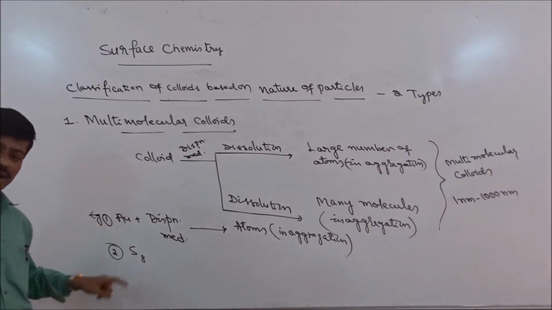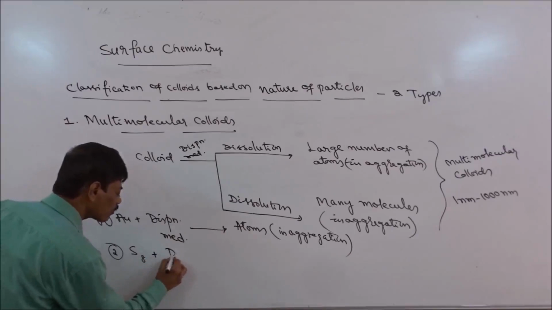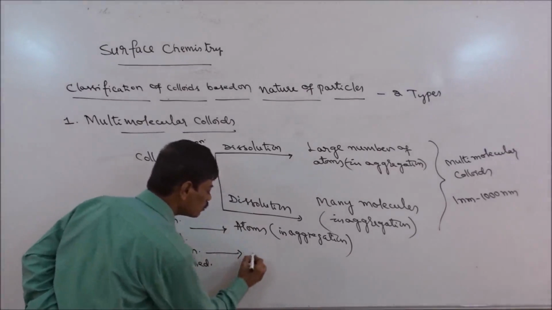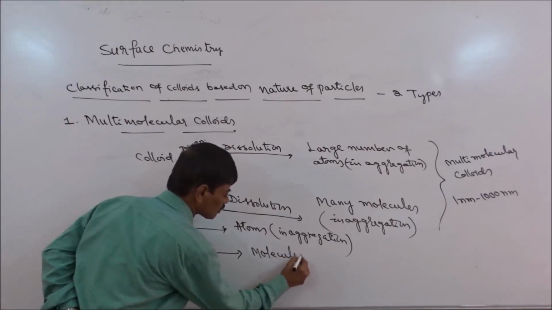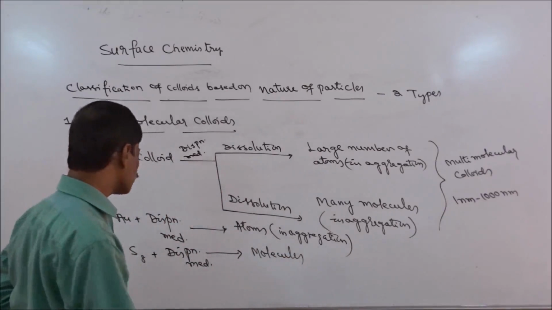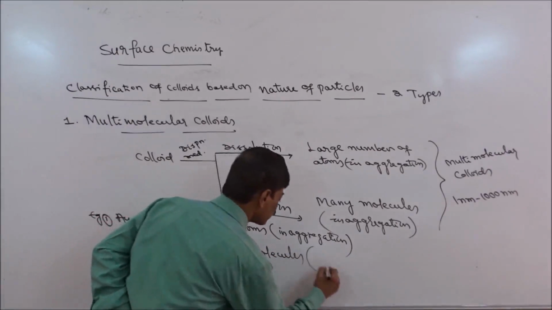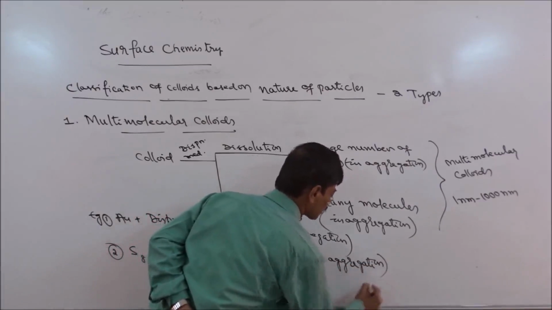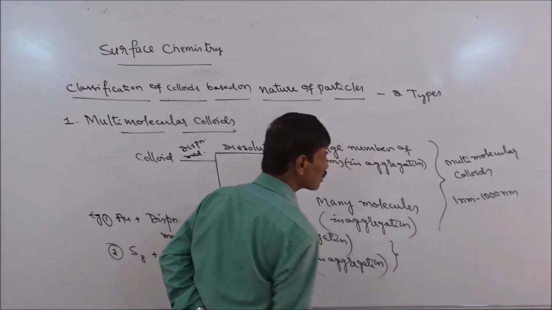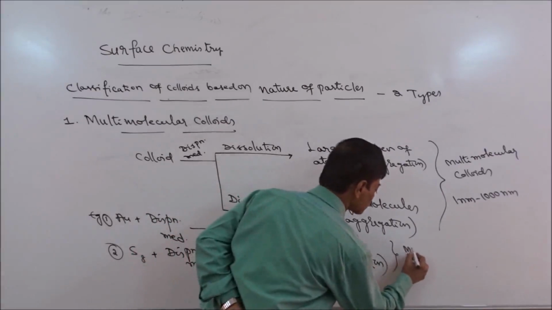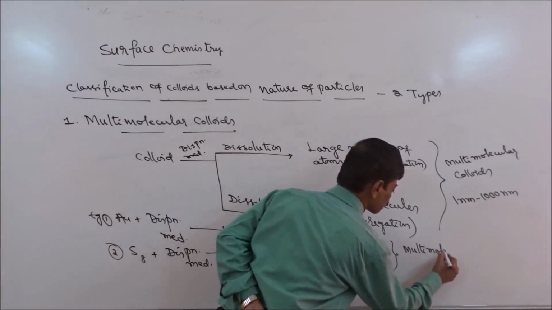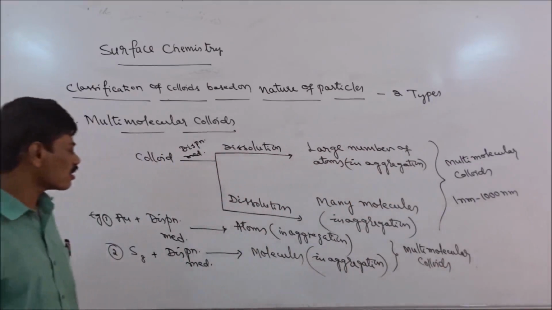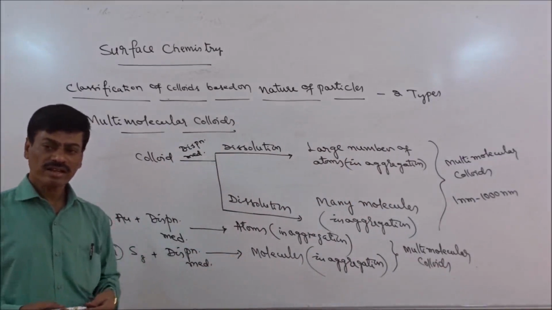One molecule is made up of 8 atoms. To that, if we add a suitable dispersion medium, then it gives rise to molecules in colloidal form. So this is also formed in aggregation only. And these two are nothing but multimolecular colloids. In the first case, atoms are resulted. In the second case, molecules are resulted.